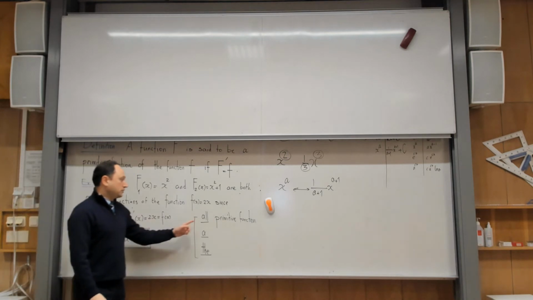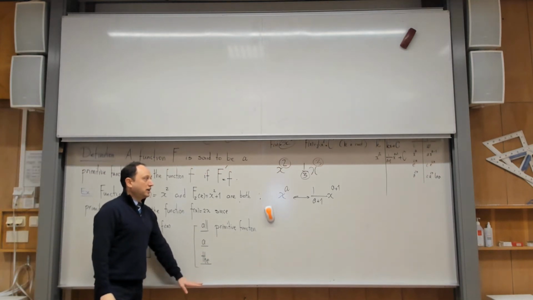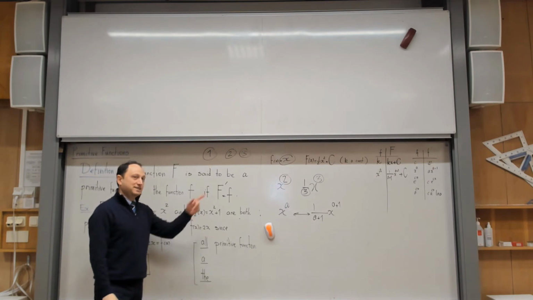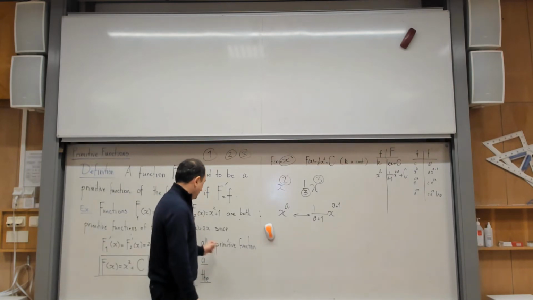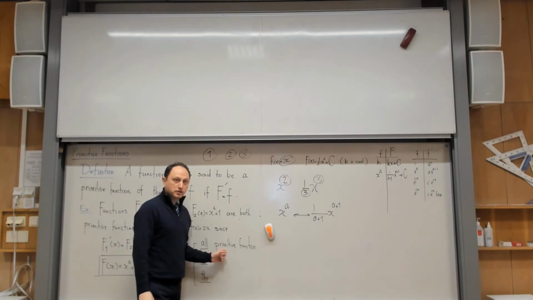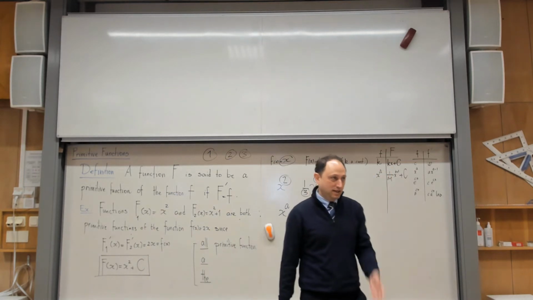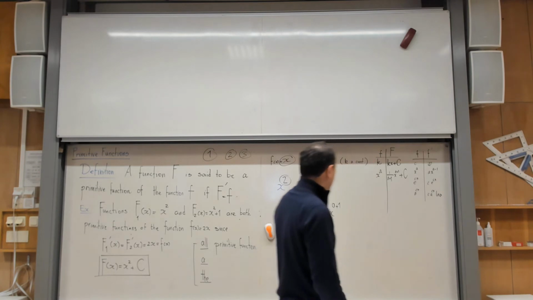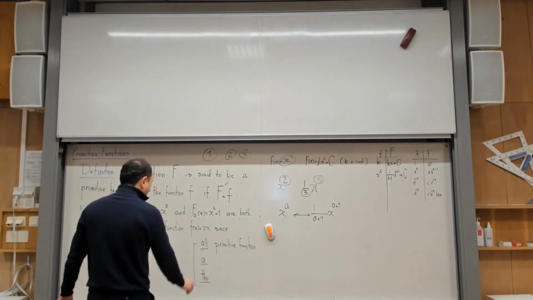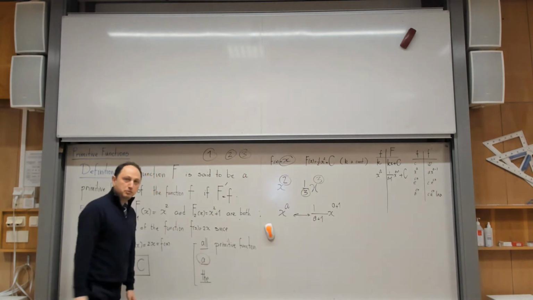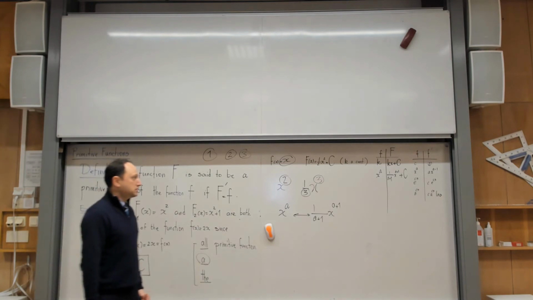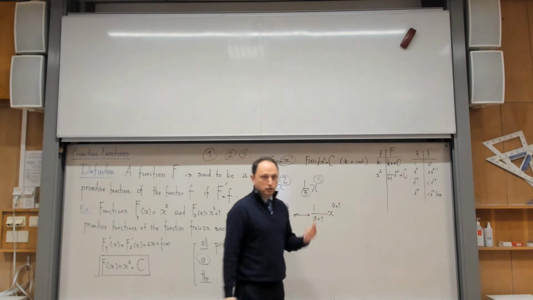If they ask to find all primitive functions, you have to put this c there at the end, showing that c can be any number that it likes, but you have to write it. If they ask to find a primitive function, then they are asking for one of them only.